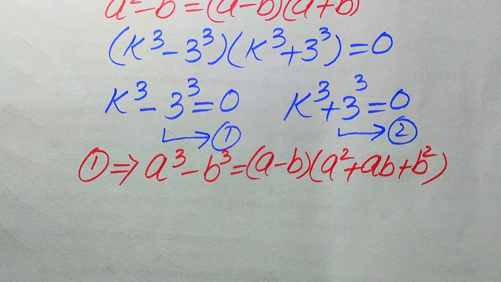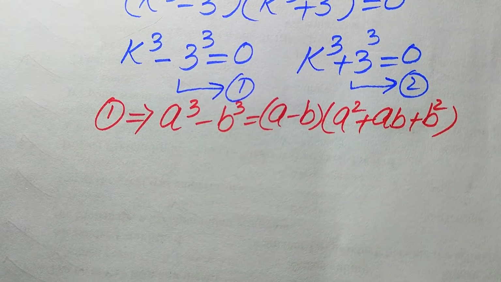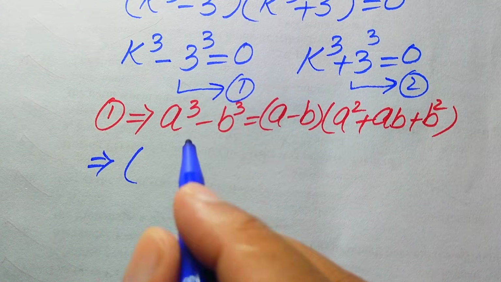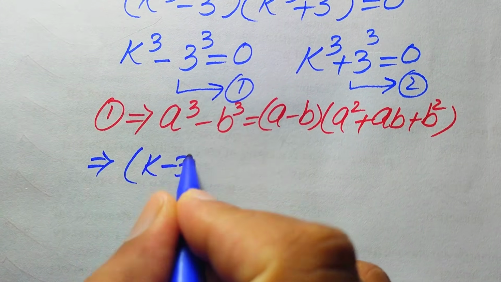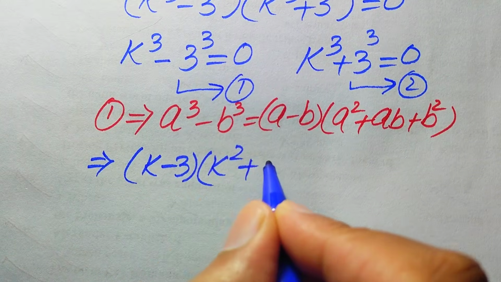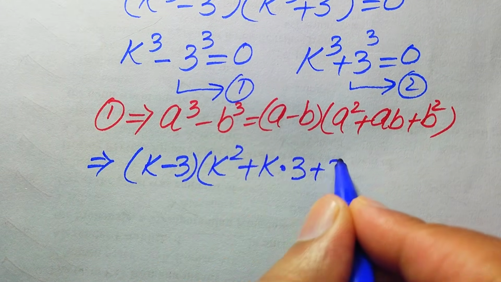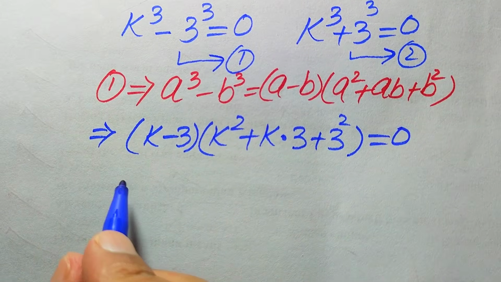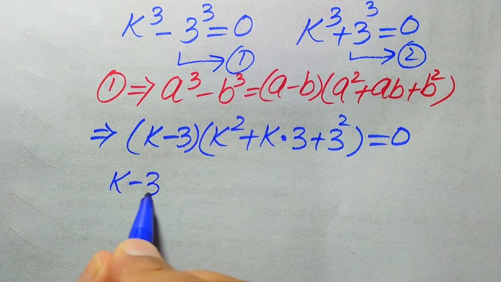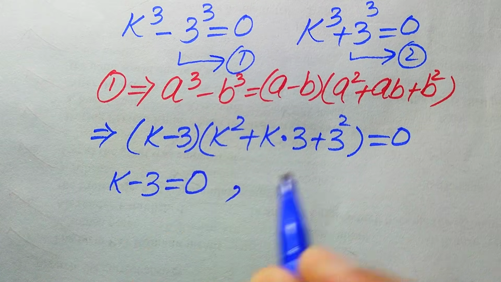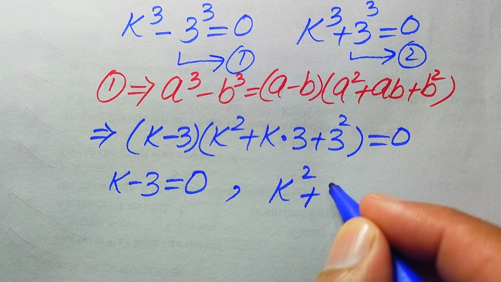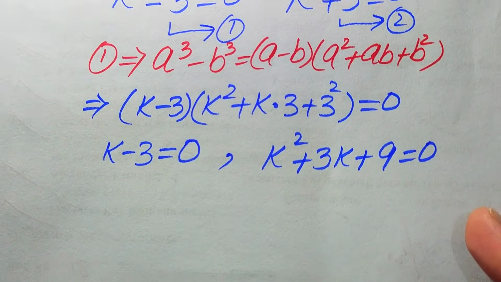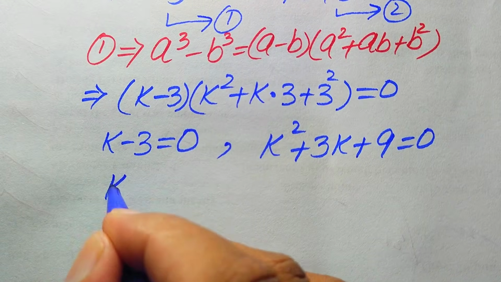According to this formula, we expand equation number 1: k cubed minus 3 cubed becomes k minus 3 times k square plus k into 3 plus 3 square, and this whole equation equals 0. In the next step we divide this equation into two cases. The first case is k minus 3 equals 0, and the second case is k square plus 3k plus 3 square, which becomes 9, equals 0.